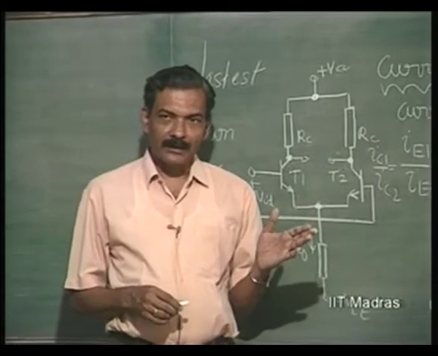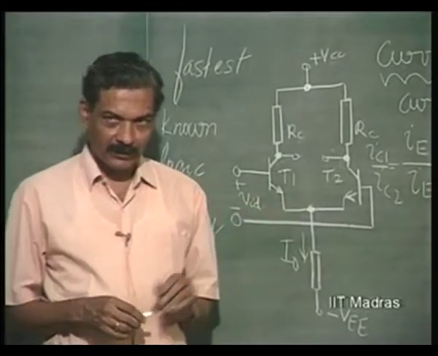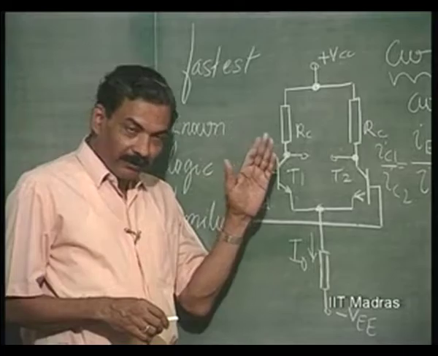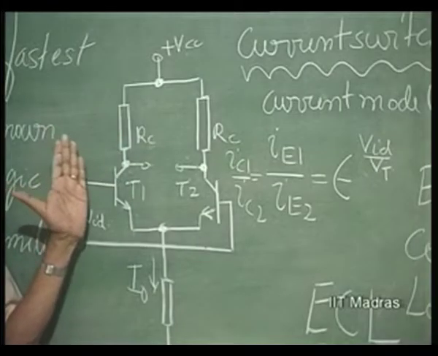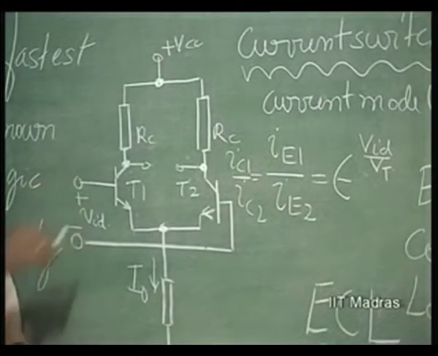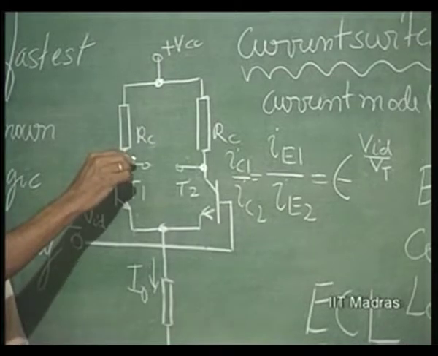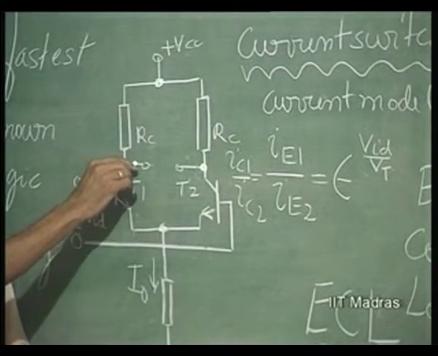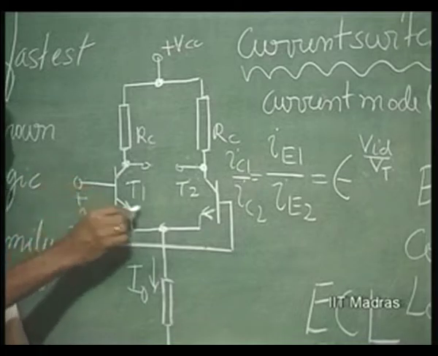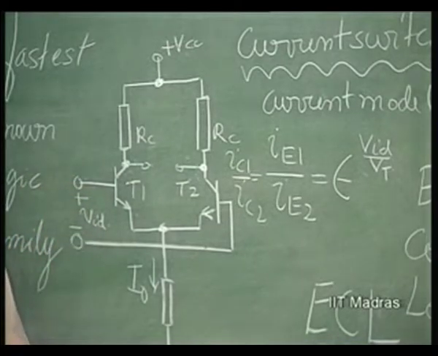Why is it fastest compared to other logic families? When the current is completely switched to this, the potential here is VCC minus I naught RC. At that point of time, T1 should not go to saturation.